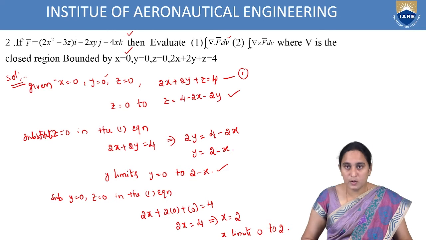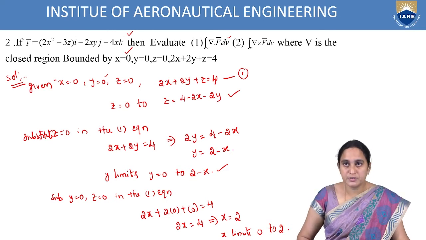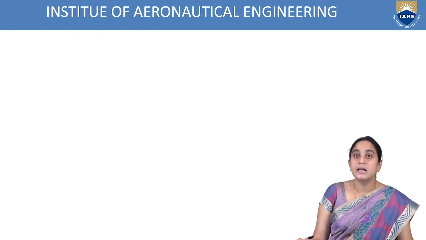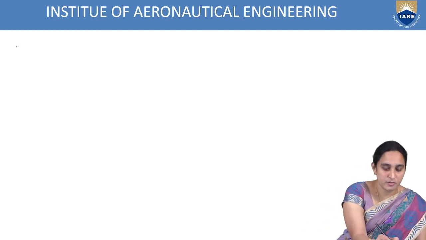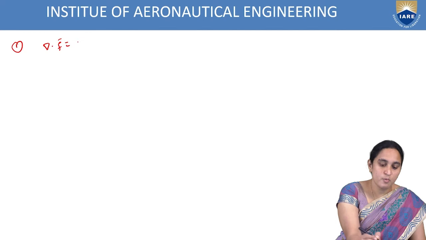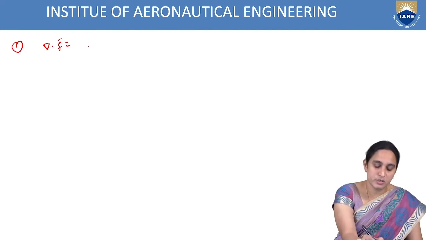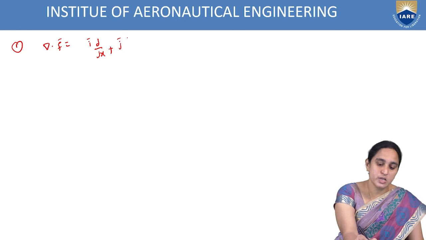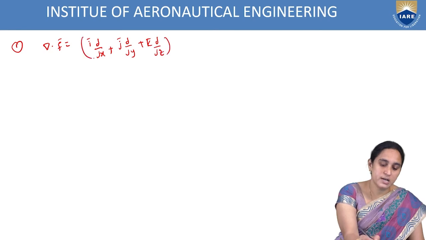Okay, next. Now I'll take the first question. From the first question, first I'll calculate del dot f bar. What is del here? Del is i bar into dou by dou x plus j bar into dou by dou y plus k bar into dou by dou z.